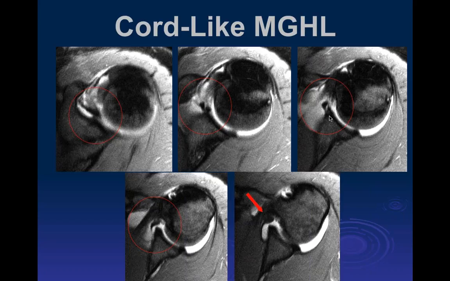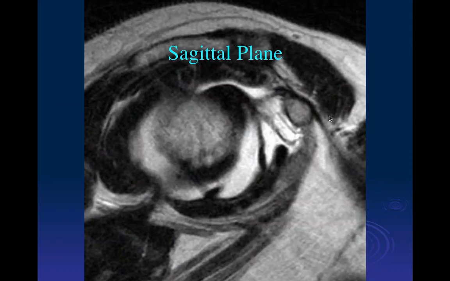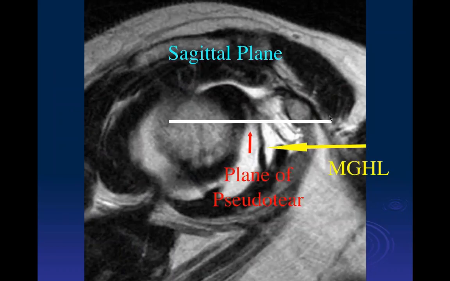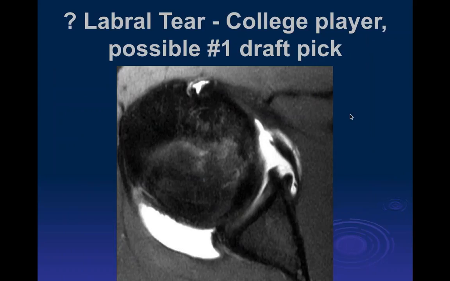It's like everything else. No shoulder is the same. So this is just a cord-like middle glenohumeral ligament and not a Buford complex. And then we already talked about the sagittal plane here, middle glenohumeral ligament, and in the axial plane, you can see something. Oh, you can see that now.